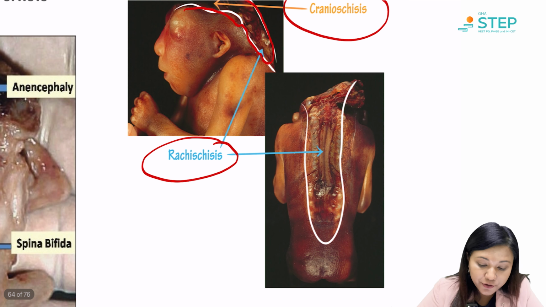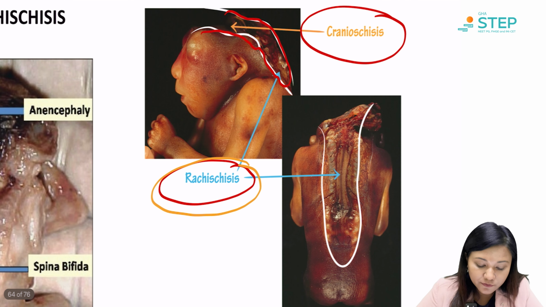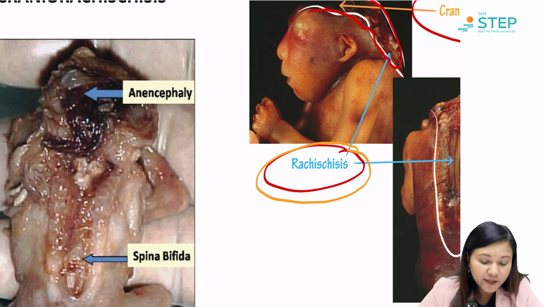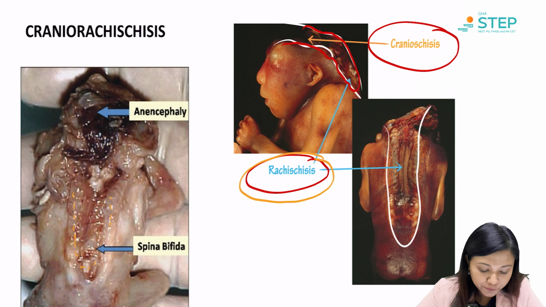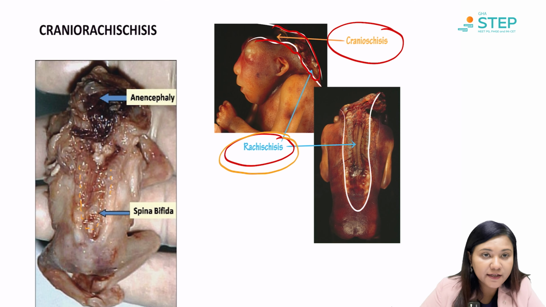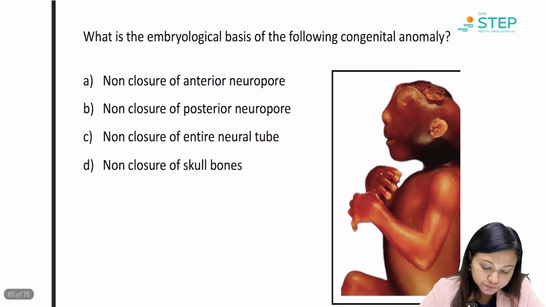And if the entire neural tube is exposed to the outside environment, it is known as rachischisis. The condition of these two together, anencephaly and spina bifida, is known as craniorachischisis. This shiny thing is the leaking of the CSF outside. This is the most severe form of neural tube defect. So you will have the anencephaly and you will also have the spina bifida.